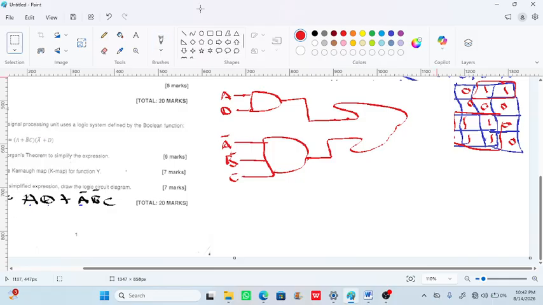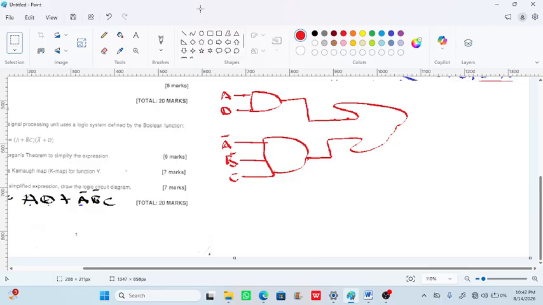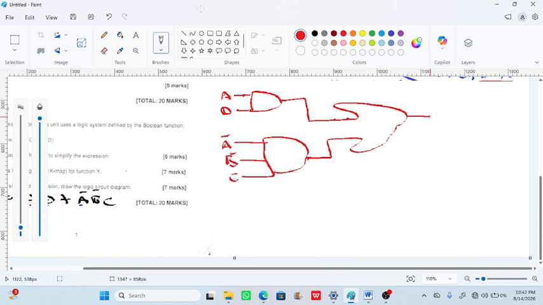This is our OR gate here, which is equal to y. Okay, so it ends there. This is our OR gate, what you're going to have. So for this one here we're going to have not A, not B, C. For this one we're going to have A, D. Now if you add the two, this is what you're going to have there.